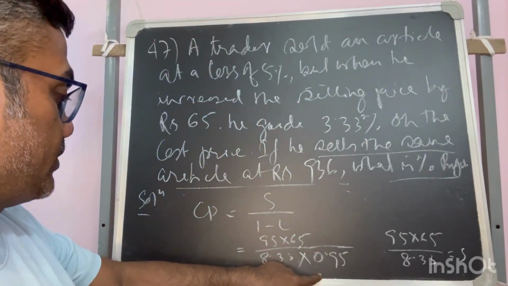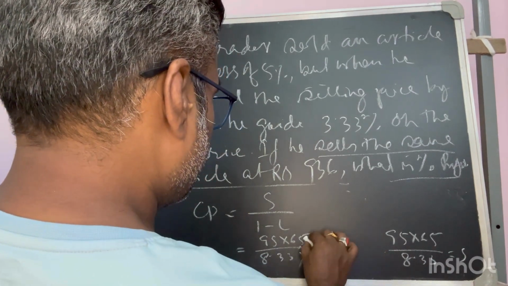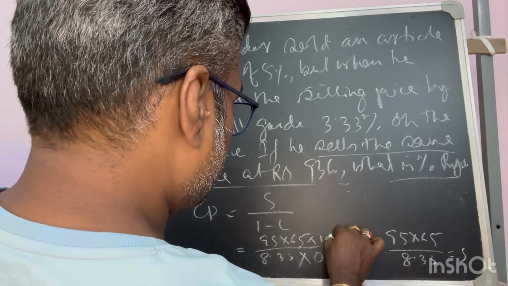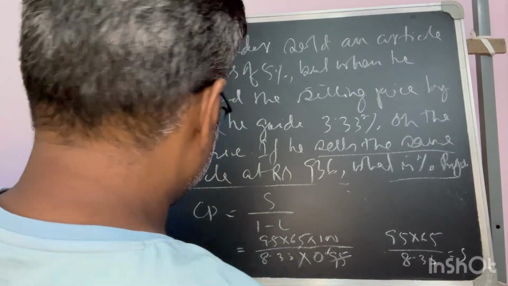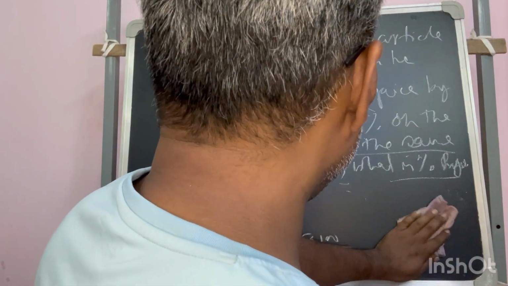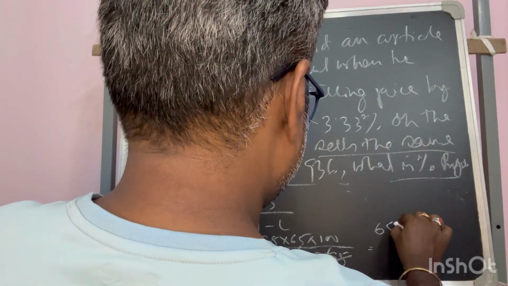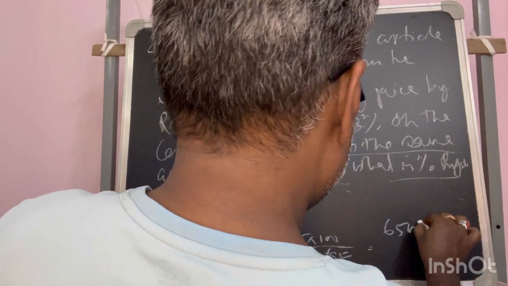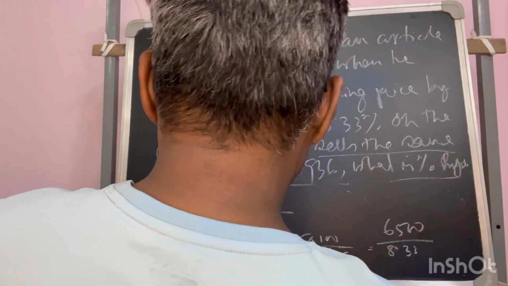So there I am using this equation where S will come. So this will be cancelled out. 100 will be there, 95 cancelled out. So this will be 65 into 100, that means 6500 by 8.33. So this is the cost price.